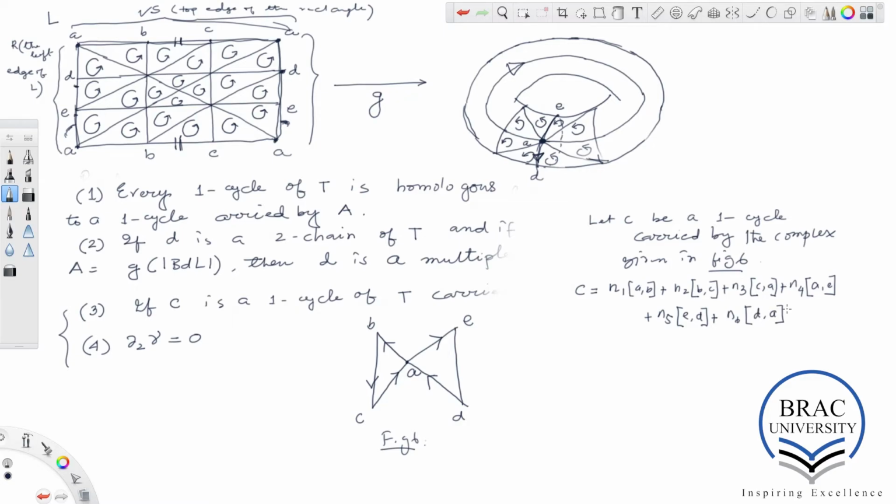So this is the generic expression of this one cycle carried by the complex given in figure 6.